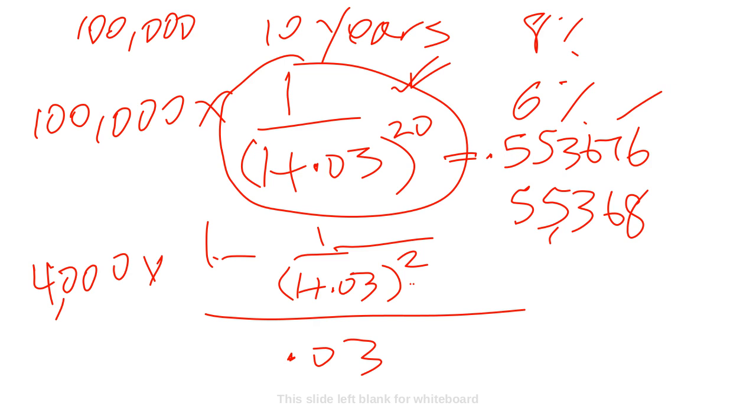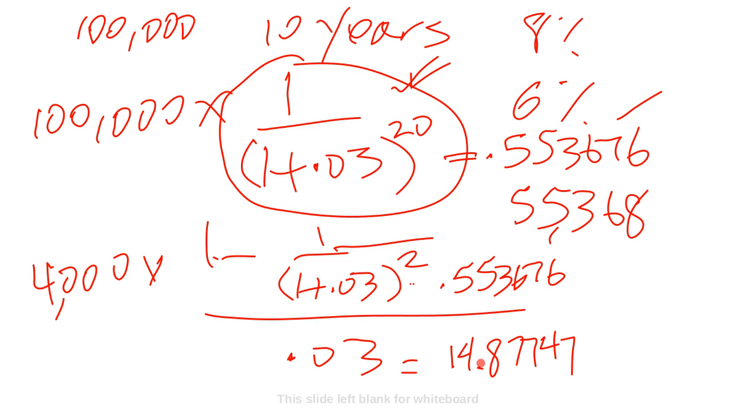So we can write down here 1 minus 0.553676, and whatever you get, divide that by 0.03. The answer for this part is 14.87747, and again, check my answer.